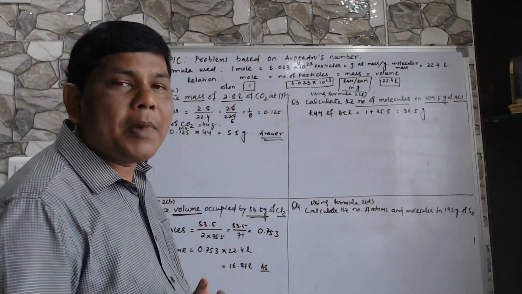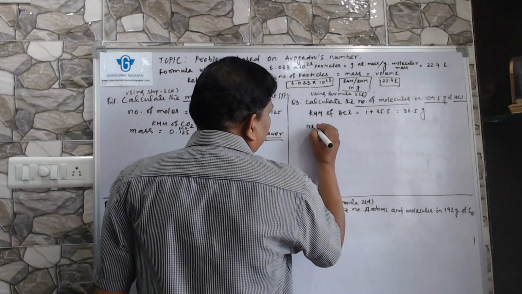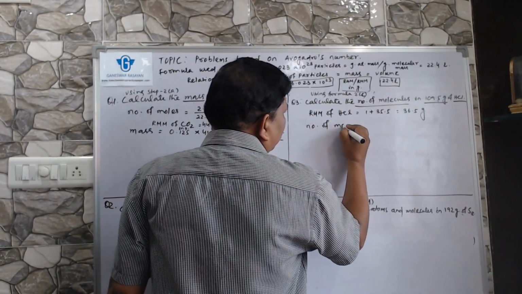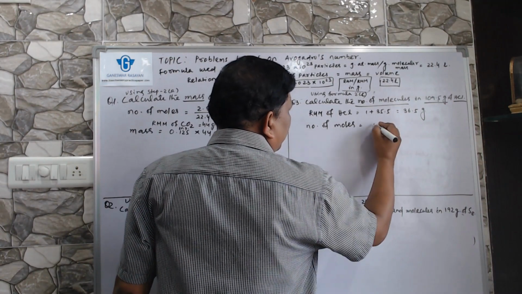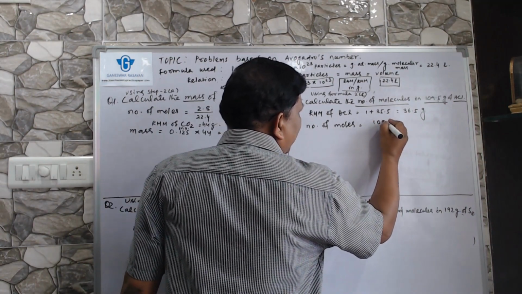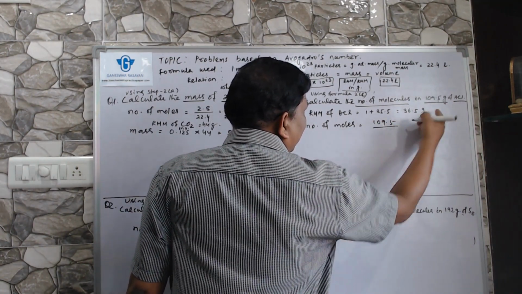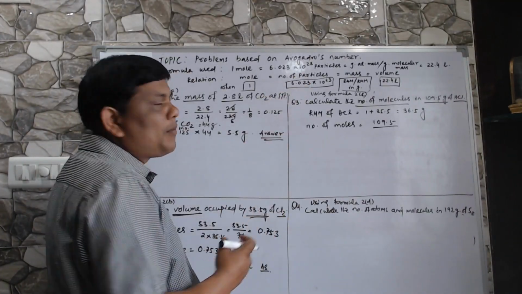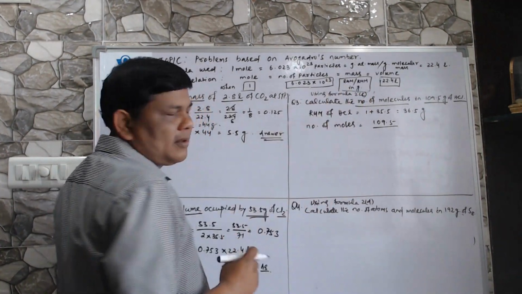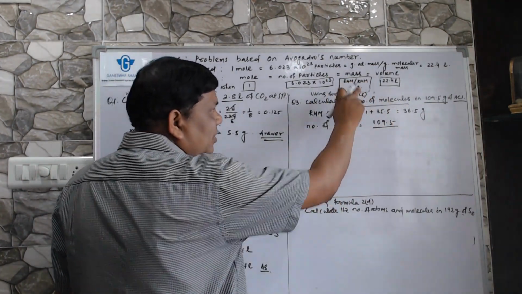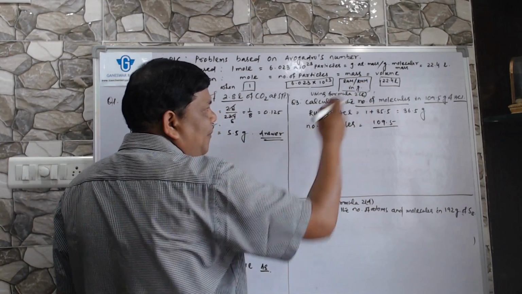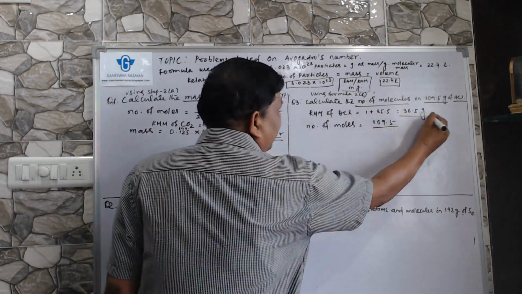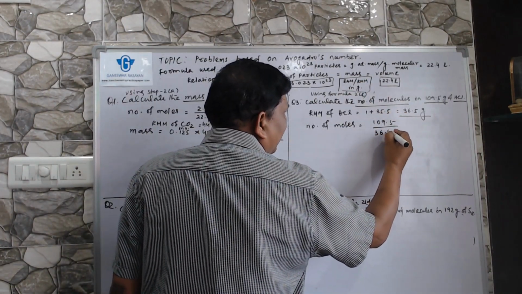Now coming to the number of moles. So number of moles is equal to given quantity, numerator 109.5 gram. Corresponding quantity from the formula means this is the mass. HCl is a molecule, hence RMM in gram, that here we calculate as 36.5 gram.